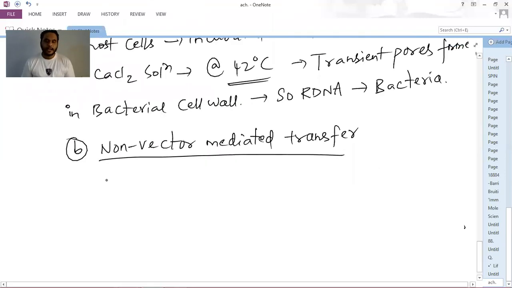Non-vector mediated transfers. First one, micro injection.